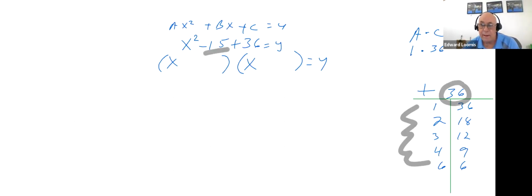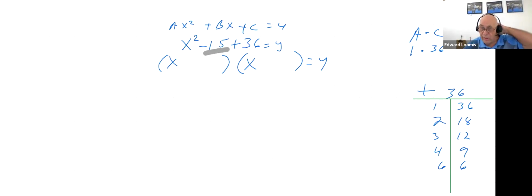B is 15. Now, anything inside this t-chart will meet the first criteria. What two numbers multiply to be 36? But only one of these will meet the second criteria. What two numbers not only multiply to be 36, but when I combine them, they'll be b, which is 15.